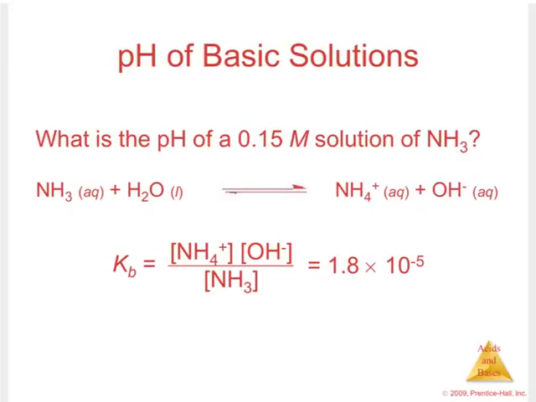So if we wanted to calculate the pH of a solution of ammonia that is 0.15 molar, this is how we would write the reaction. Ammonia plus water gives us ammonium ions plus hydroxide ions. And then we would put that into our expression with the products over the reactant raised to the power of the coefficient, again omitting the pure liquid water.